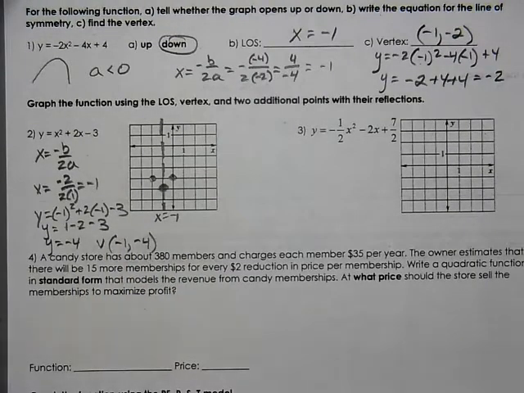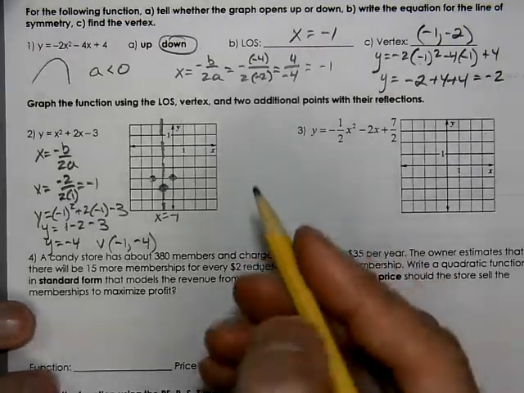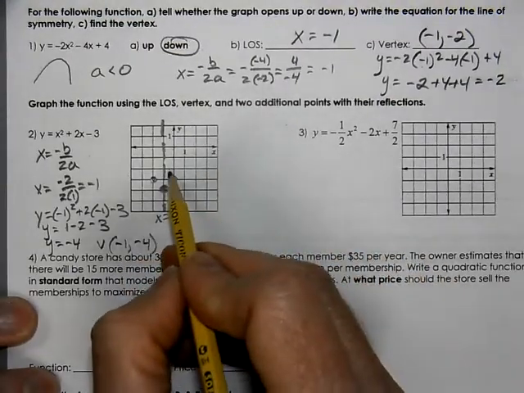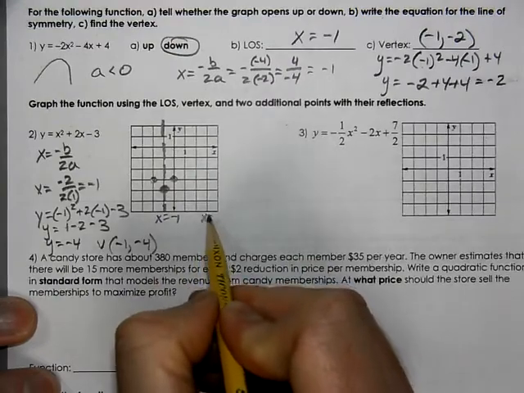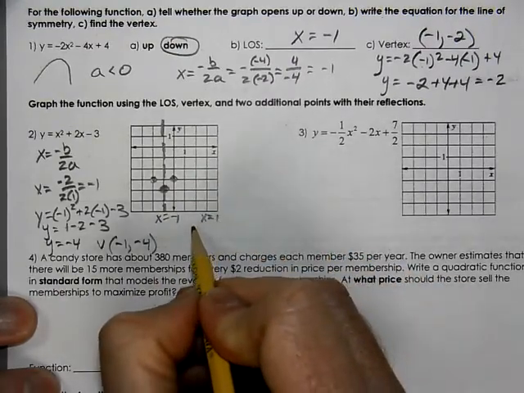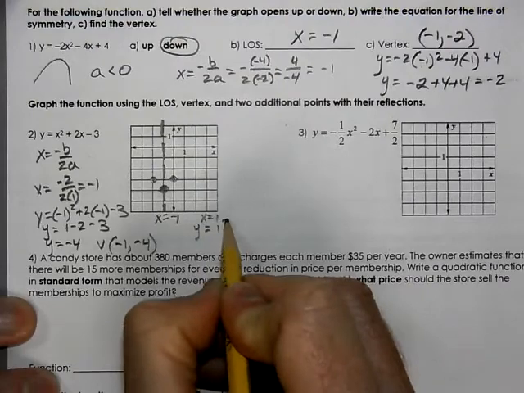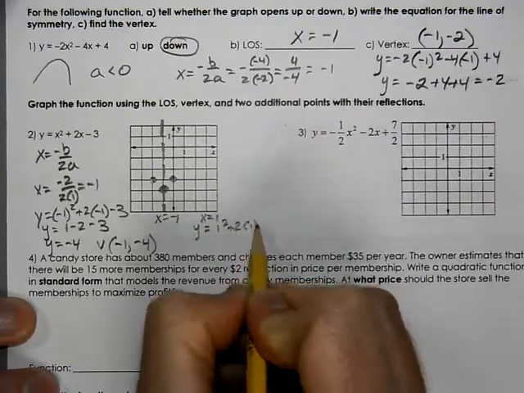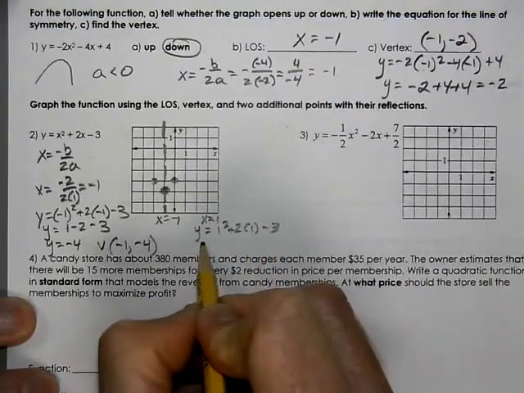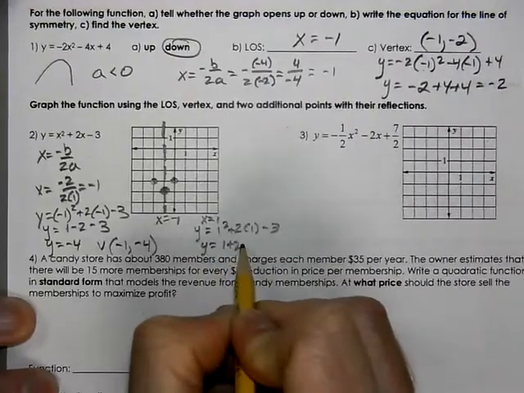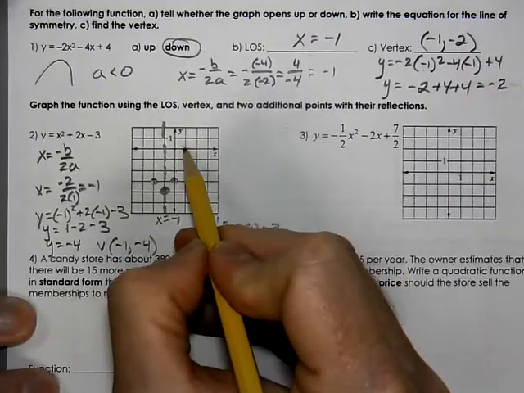Now we're going to test our point by plugging in any additional point we wish. So I could look for x equals 1. When you plug in x equals 1, we get 1 squared plus 2 times 1 minus 3. 1 plus 2 minus 3 gives us 0.